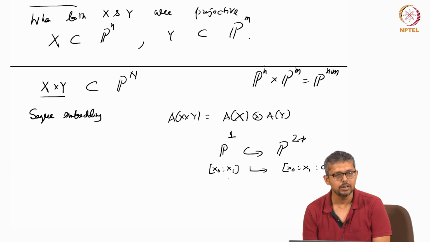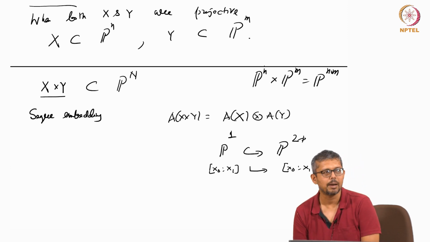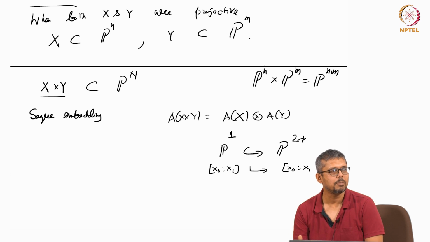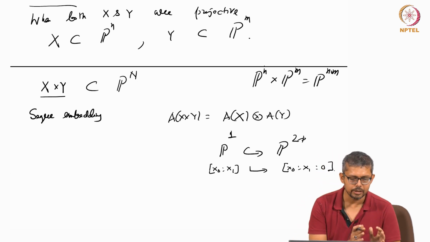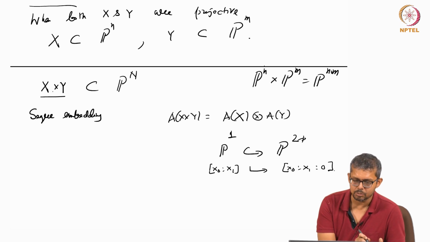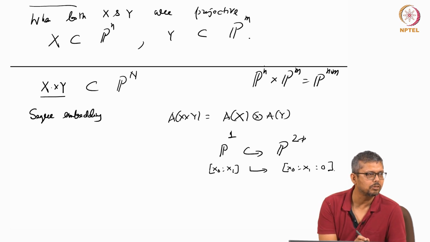One of these coordinates is non-zero, so this is a map. So P^1 is embedded as a hyperplane in P^2. That is why the Segre embedding is called an embedding.